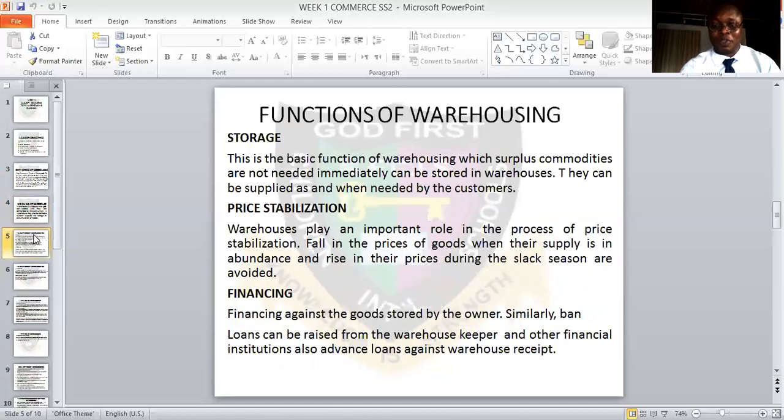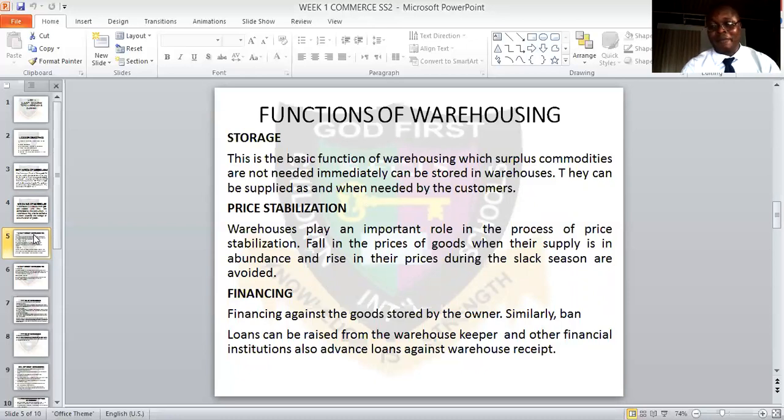Then the next subtopic is functions of warehousing. The first one is storage. Storage is one of the basic functions of warehousing, in which surplus commodities not needed at that point in time may be stored in warehouses.